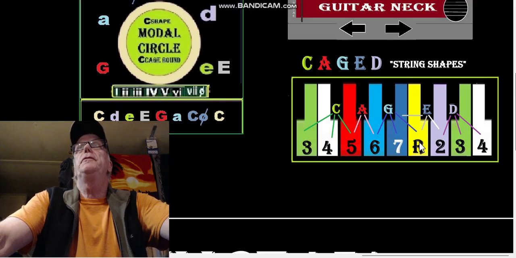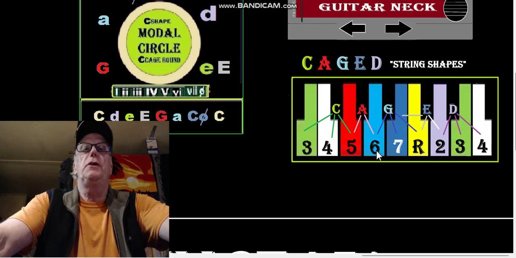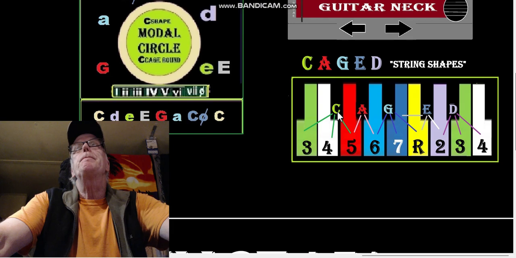So all we really want is root 2, 3, 5, and 6. Root 3, 5 is major. Root 3, 6 is the natural minor. But the point here is that there's bookend isolation in the string shape.